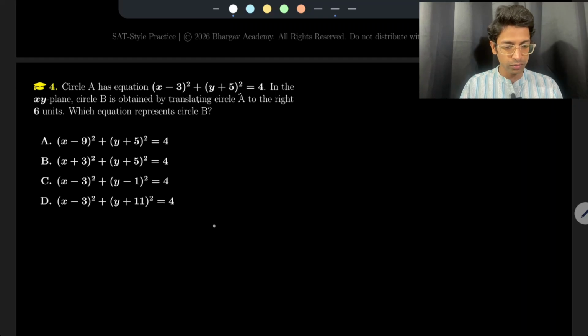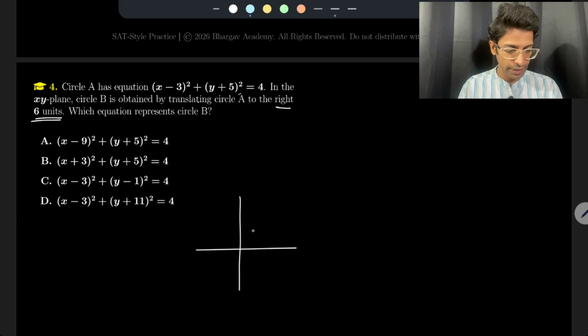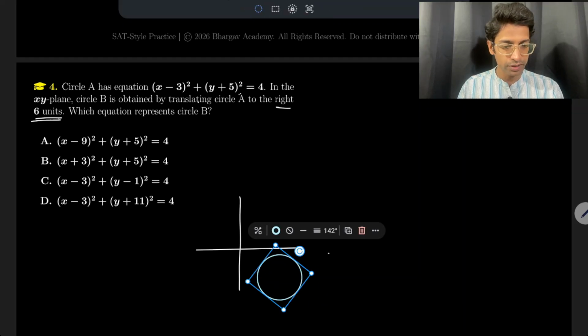So it's telling you this circle is translated to the right by 6 units. If I translate any circle to the right, say this circle is sitting somewhere here, and I translate it to the right, definitely the radius is not changing.